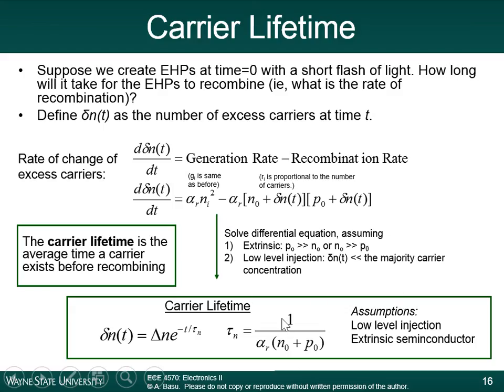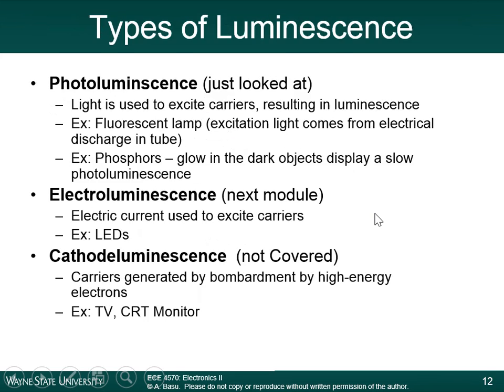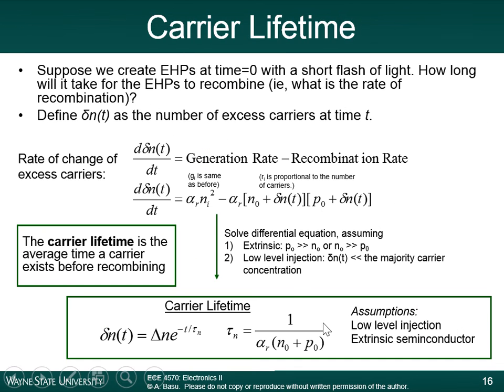The generation rate is alpha r times ni squared, the same as before. The recombination rate, if we back up here, this equation was showing alpha r times n0 times p0, so it's the recombination rate constant multiplied by n0 multiplied by p0. But what we have here for the recombination rate is not alpha r times n0 times p0; it's alpha r multiplied by n0 plus the excess, and p0 plus the excess.